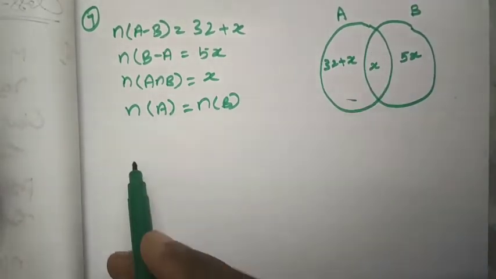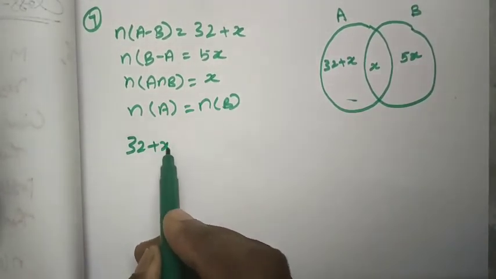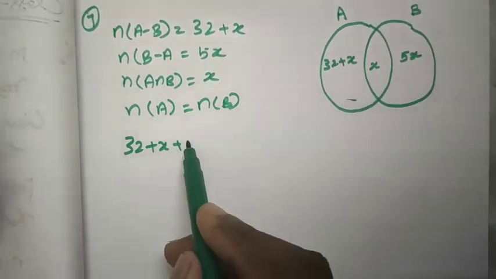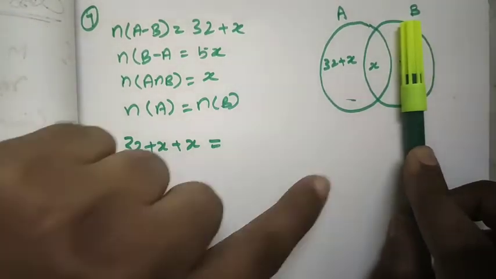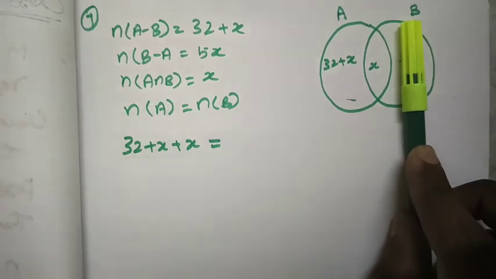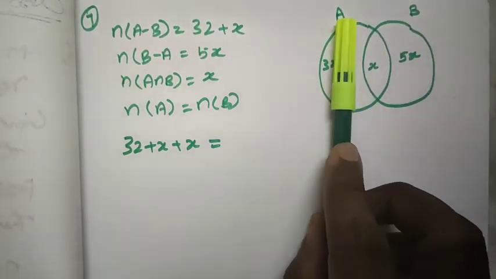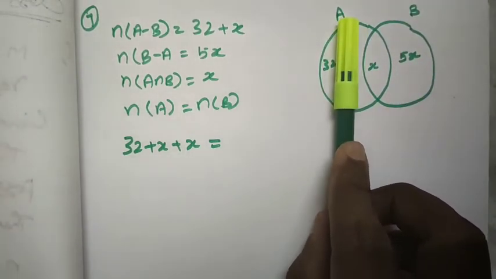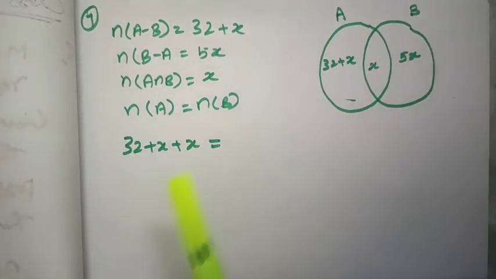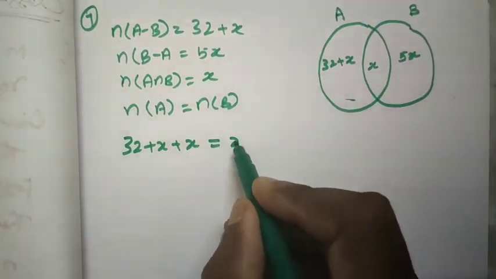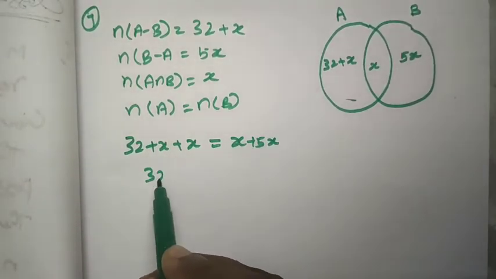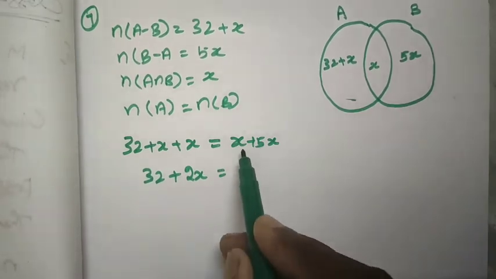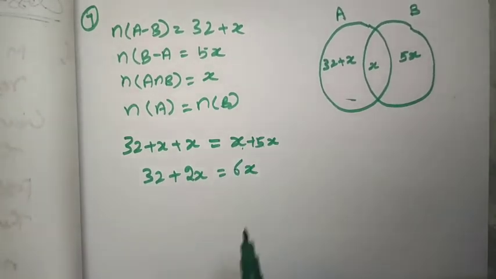So 32 plus x, and then here also we have 1x, only the set A, except the set B. The remaining whole set is A, and n of B means except this portion, the whole B set, right? So x plus 5x. When we add this term, 32 plus 2x is equal to x plus 5x, which is 6x.